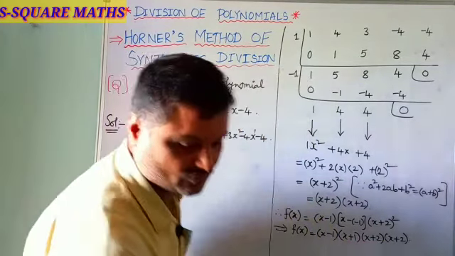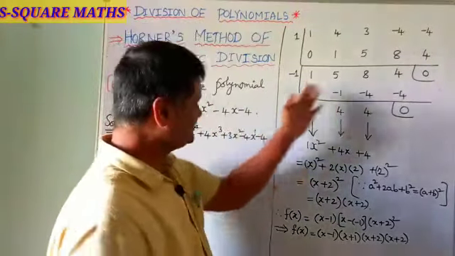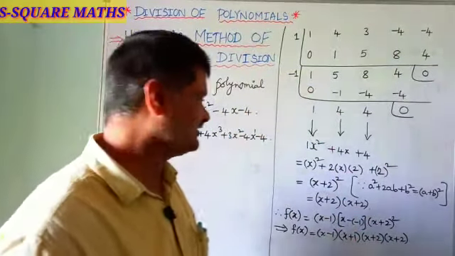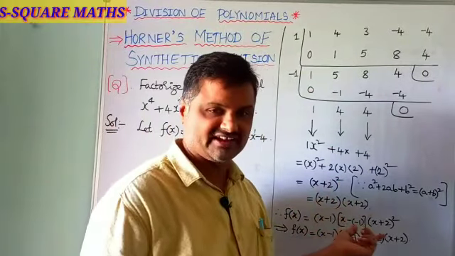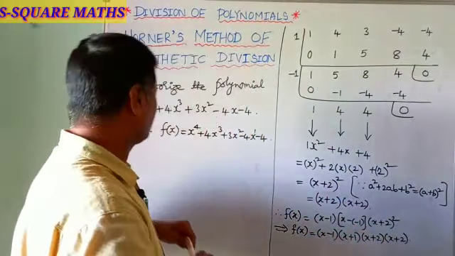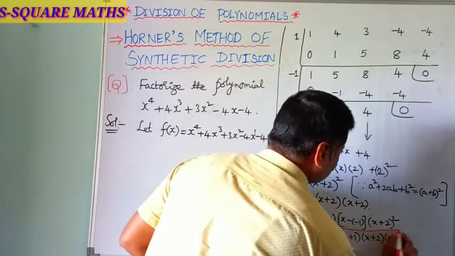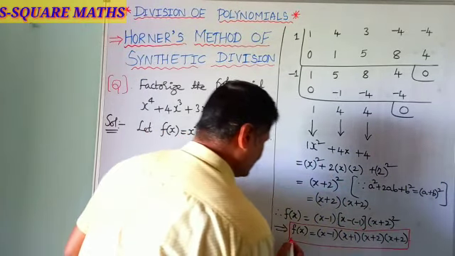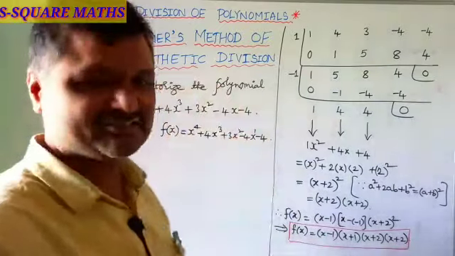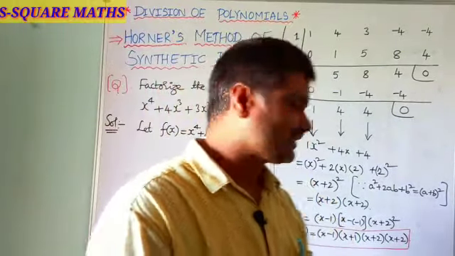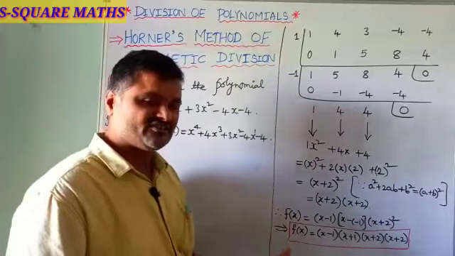Since it is a fourth degree polynomial, there exist 4 factors. Here is the case where the same factors are repeated. So in this way f of x has been factorized to get the 4 factors by using the application of Horner's method of synthetic division. So what is the check for this?